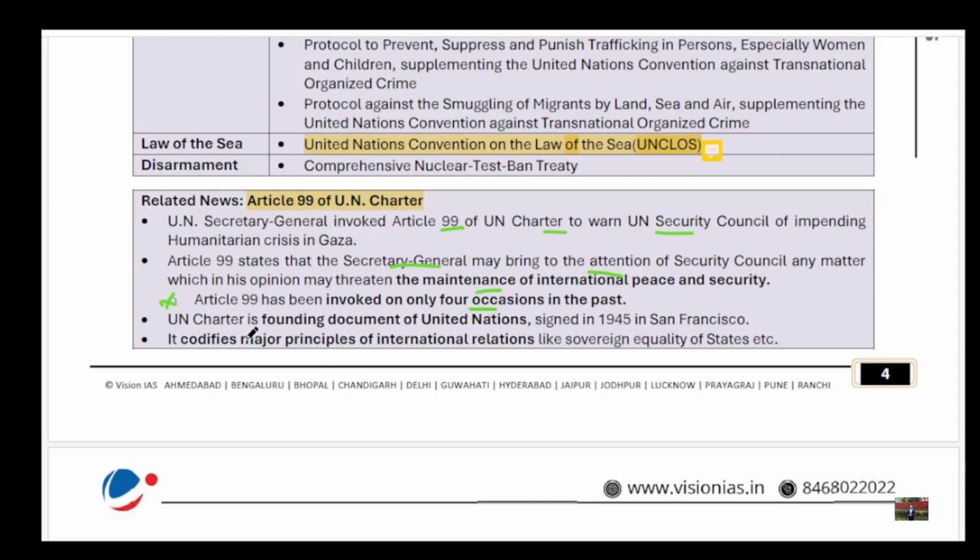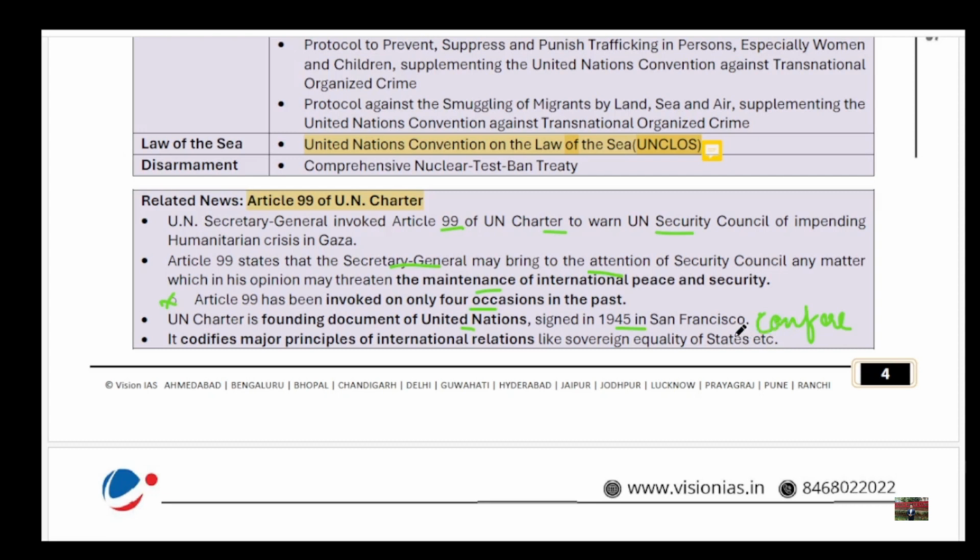All right. So the UN Charter is the founding document of the United Nations, signed in 1945 in San Francisco, right? So the San Francisco Conference, which is a kind of precursor of the United Nations, right? Under the San Francisco Conference, the United Nations was established.